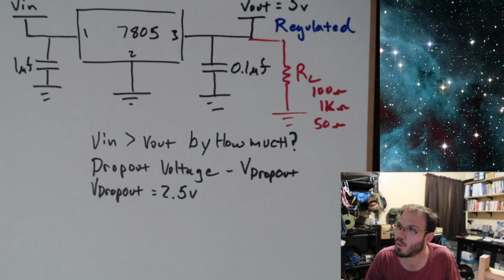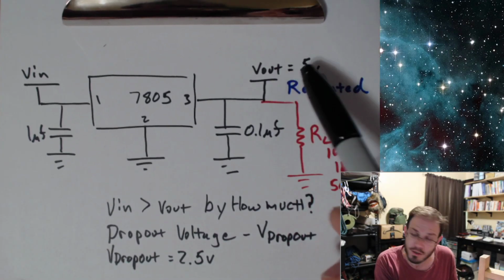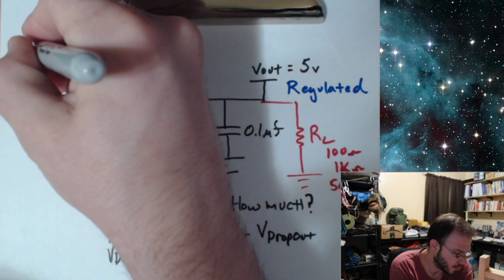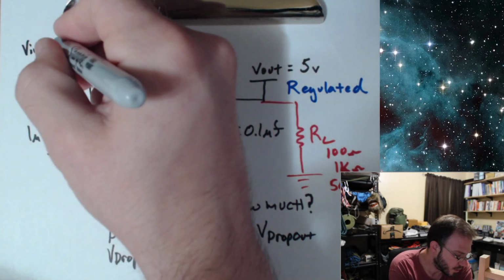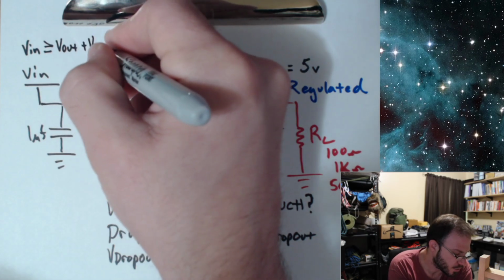Okay, 2.5 volts. So in other words, if we want this circuit to work, Vin must be greater than or equal to Vout plus V dropout.